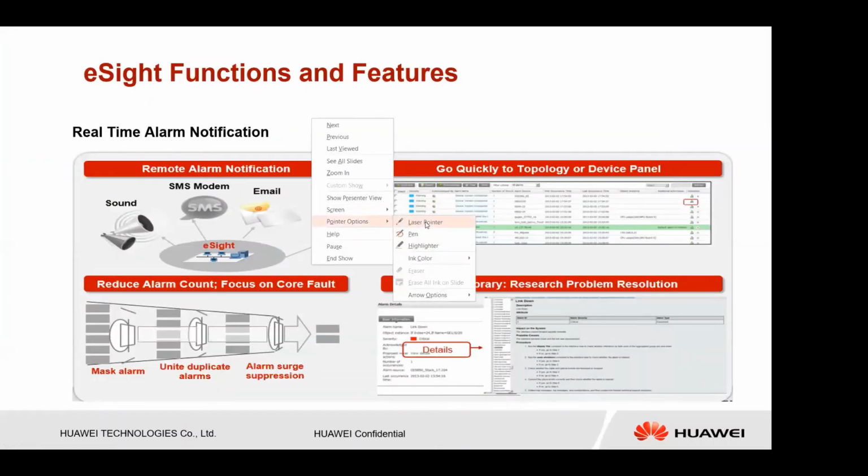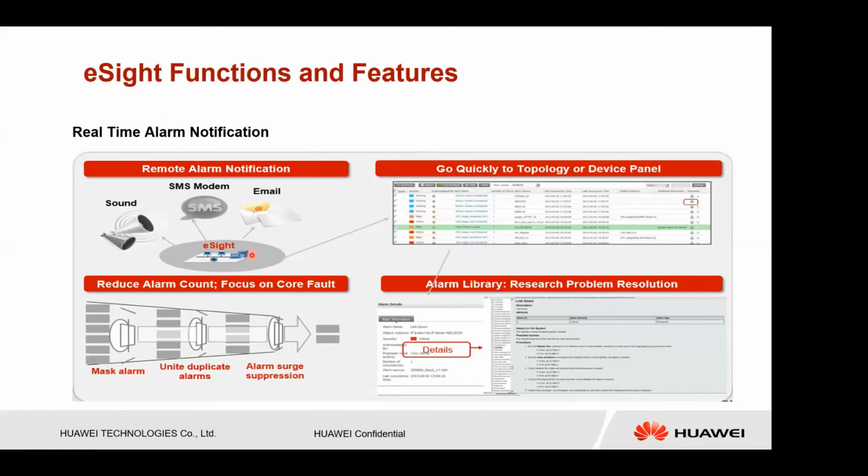So eSight also supports real-time alarm notification, which will notify the admin or the user of eSight. For example, if there is any alarm, it will trigger the sound. And also if you want it to send to your email or SMS, you can also configure it on eSight.